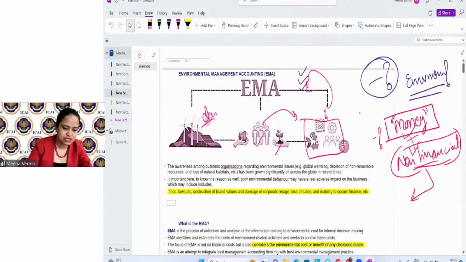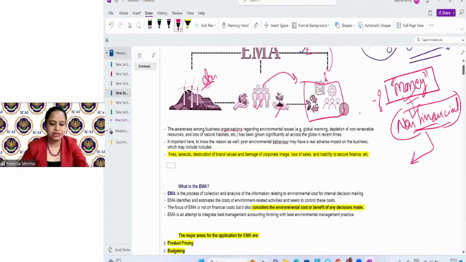Global warming is a major concern these days. The ozone layer is getting depleted and damaged, and it is increasing a lot of diseases. There is also depletion of non-renewable sources of energy, like petrol and diesel. Once you use and consume it and finish it, you will not get it again. It will take millions of years to regenerate these resources.